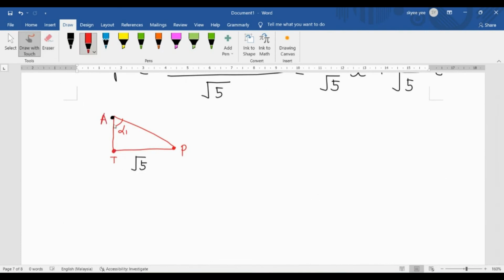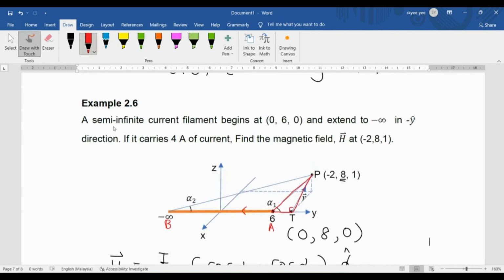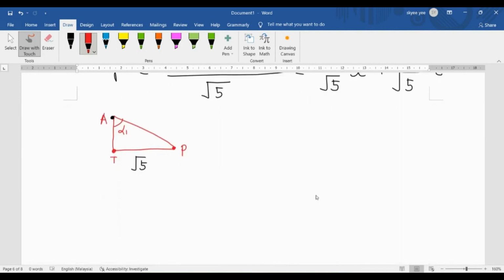The distance from here to here is, this is 6, this is 8, so the distance is 2.